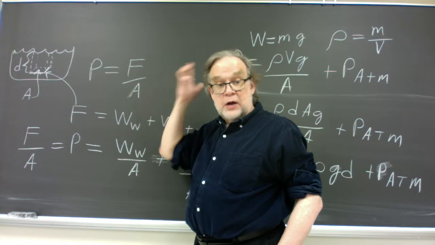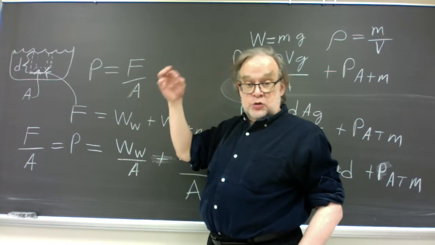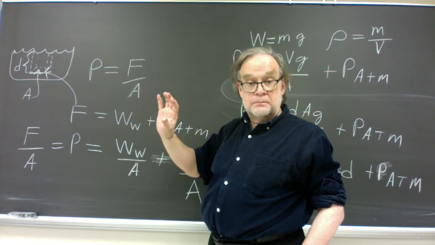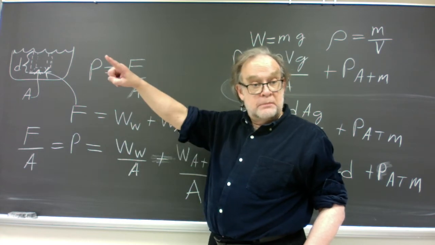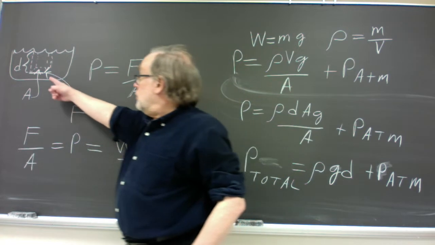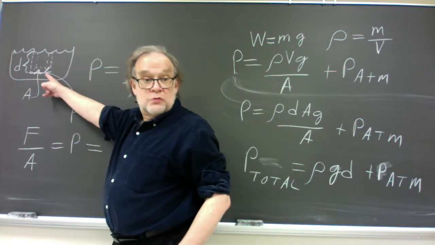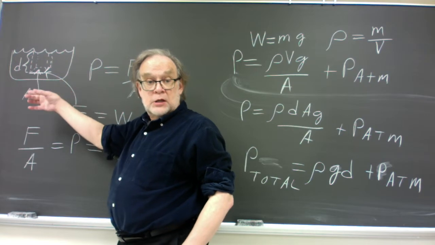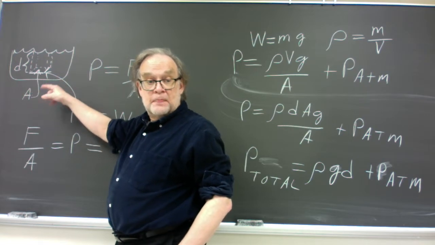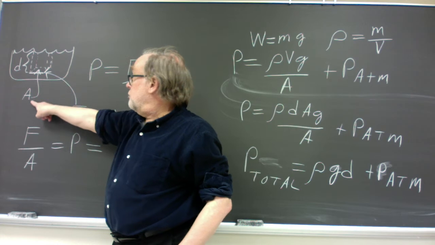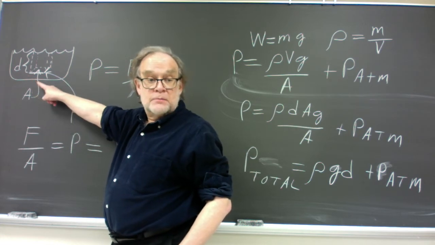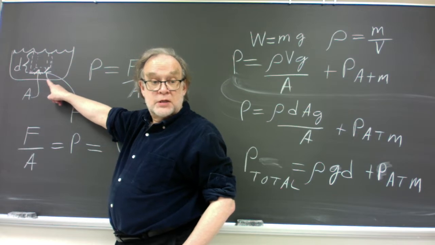square meter of area. And let's look specifically at the force that's caused by the liquid in here. So we go down to some depth below the surface, d meters, and imagine a little patch of area, a horizontal patch of area of a square meters, d meters below the surface. What's the force on that little patch of area?